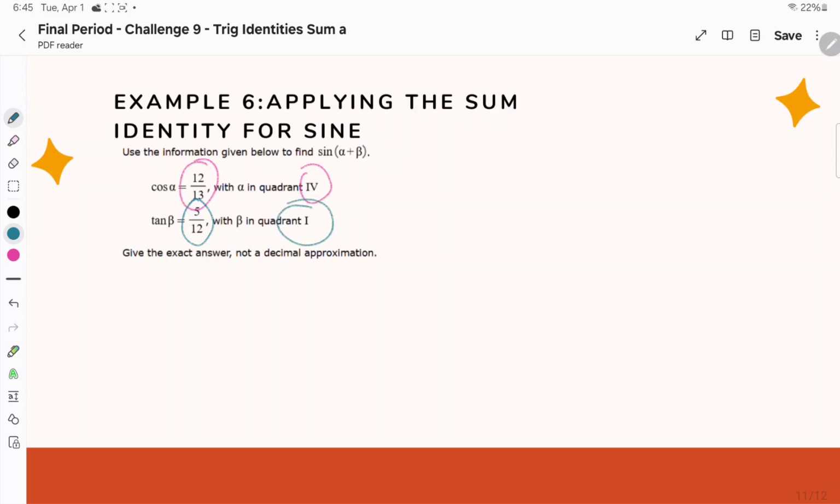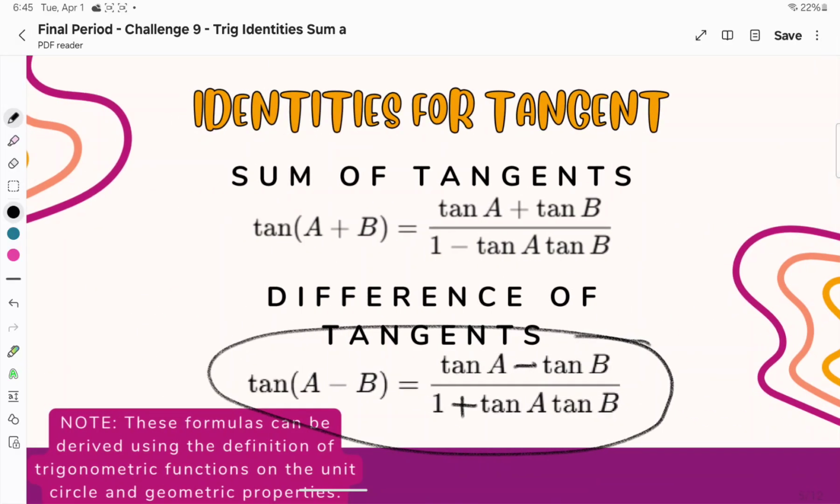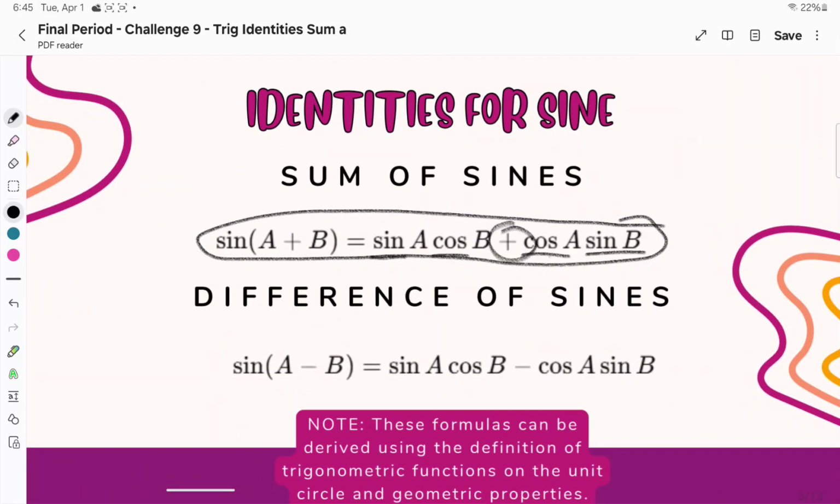So before we locate the angles and everything, I'm gonna use the formula sine of alpha plus beta. Let's go and see it. Sine of alpha plus beta is sine of alpha cosine of beta plus cosine of alpha sine of beta.